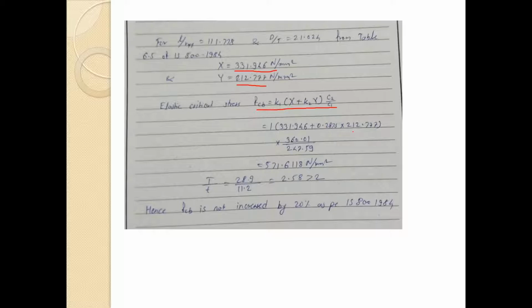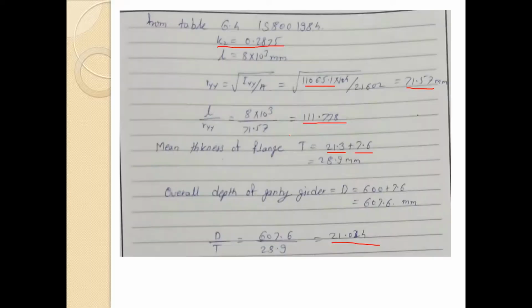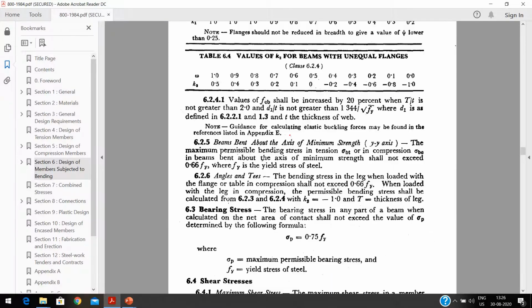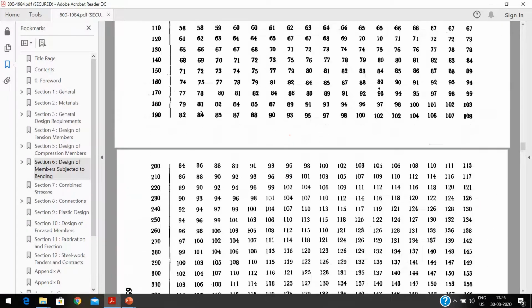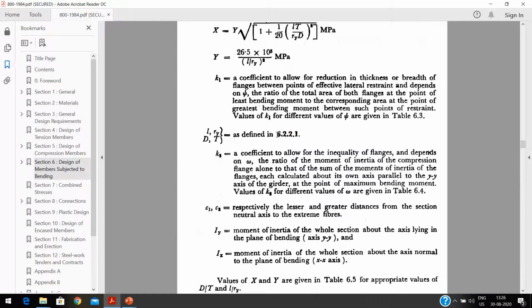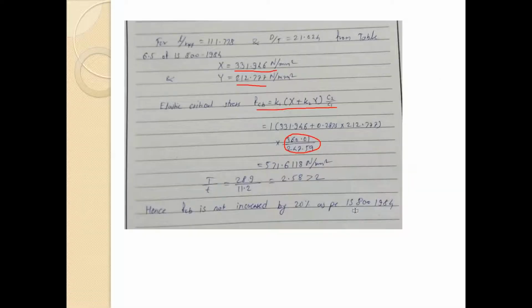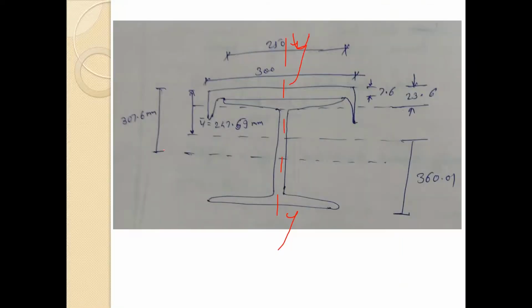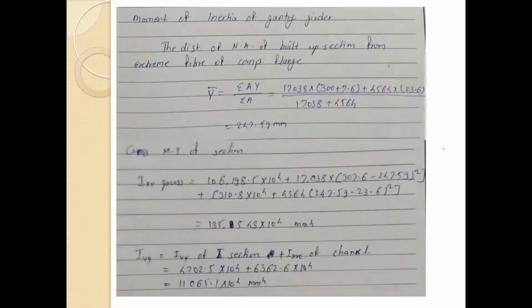is 0.28 into 212.777 into this C1 by C2, that is 360.01 divided by 247, that is lesser and greater distances. So these are the distances what we have calculated earlier, that is 247 and 360.